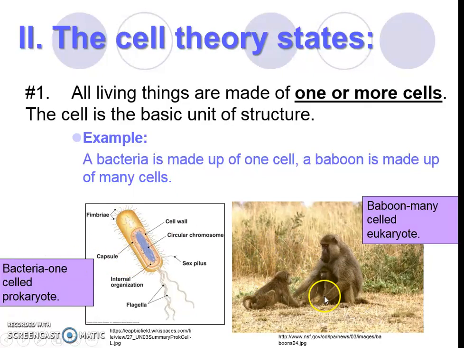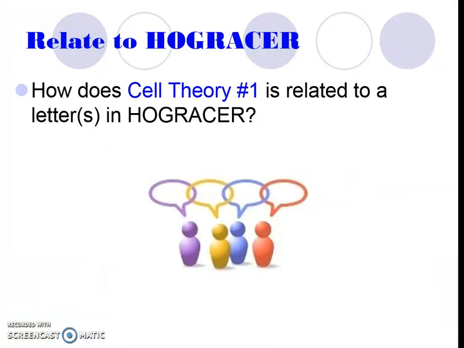Or we could have really complex multicellular things like this baboon, or us humans, or many plants. Either way, all living things are made up of cells, at least one, if not more. Many cells, or just one. They're the building blocks of living things.